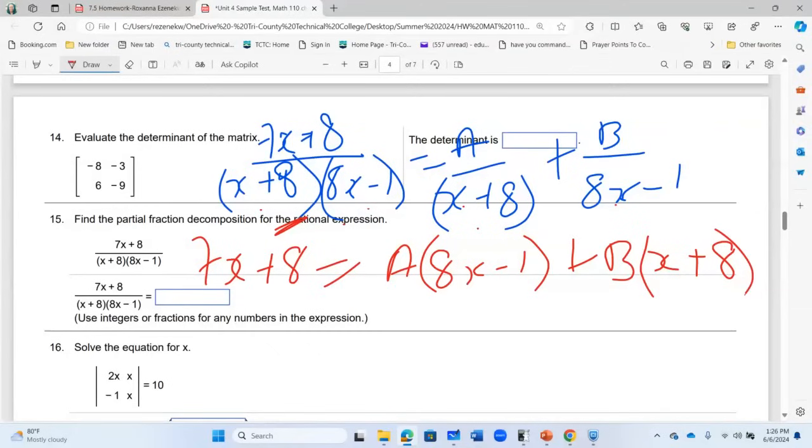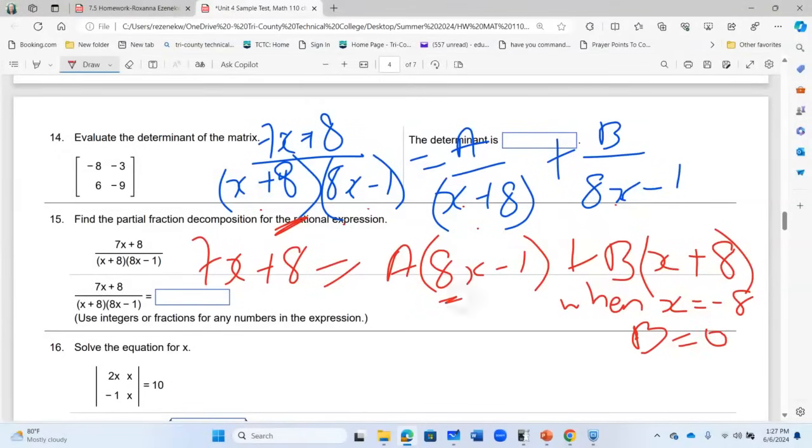Okay, and then the next thing I want to do is find a value that makes this quantity 0. When x is equal to negative 8, B will be 0.